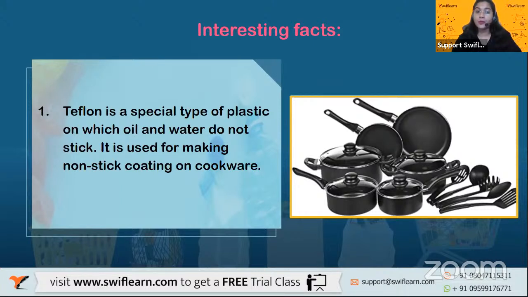So whatever we cook in the non-stick pan, or there are various pans, kadai and all, which are made up of the Teflon, which has a very good characteristic feature where the water or oil will not be able to stick. Okay, so we generally prefer the non-stick cookwares, hai na? Yes, so this Teflon is used in this non-stick cookware.